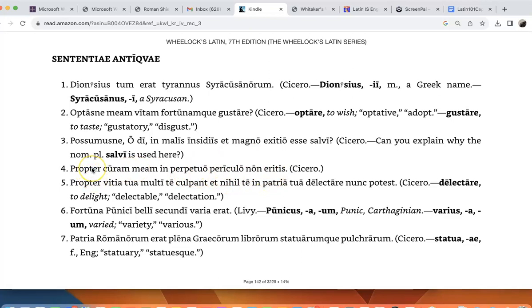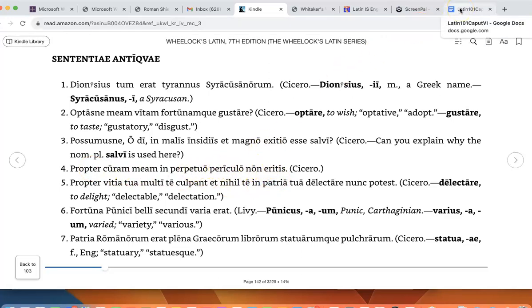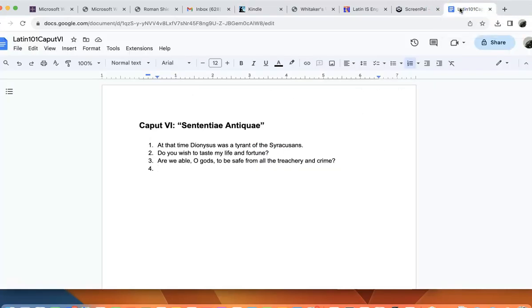Propter means because or on account of. So on account of my care, you will not be in perpetual danger or in constant danger. So I'm going to say because of my care, you will not be in constant danger.